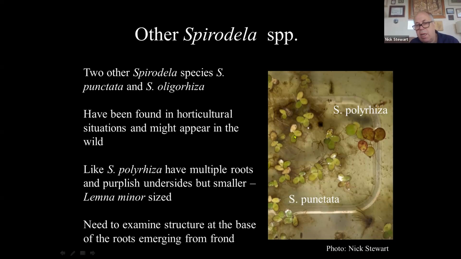It is distinctly smaller, much more Lemna minor sort of size. Like polyrhiza, it has multiple roots and purplish undersides, but is just smaller. For the separation between all three of the species, you need to look at the structure at the base of the roots where they emerge from the frond.